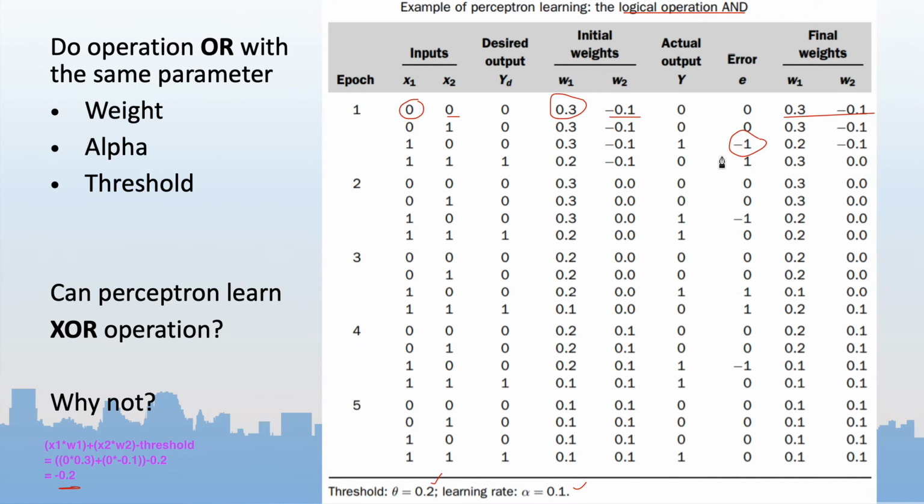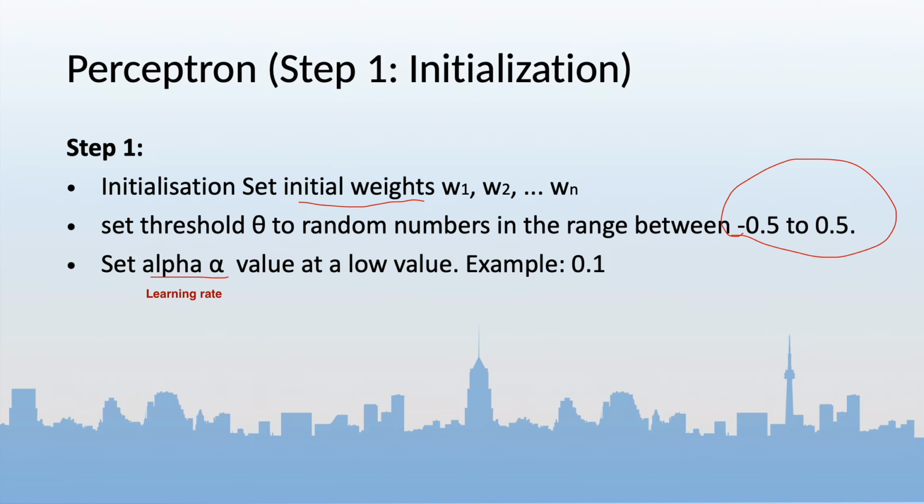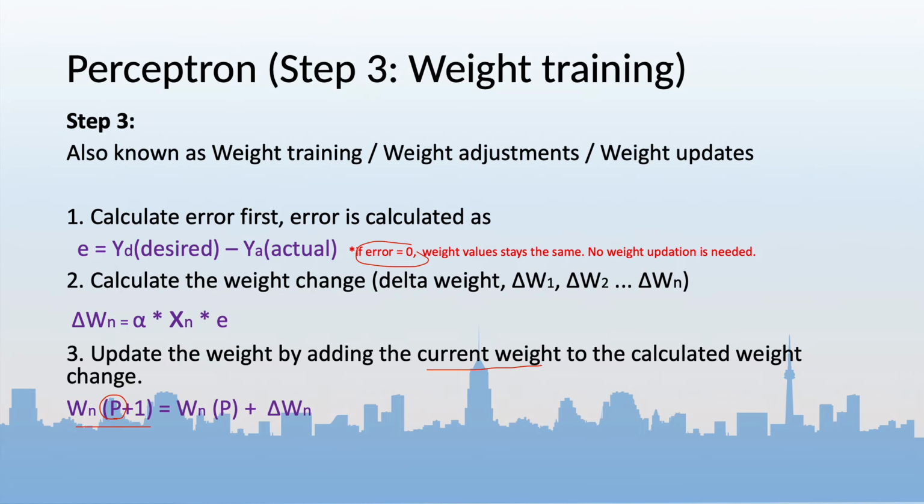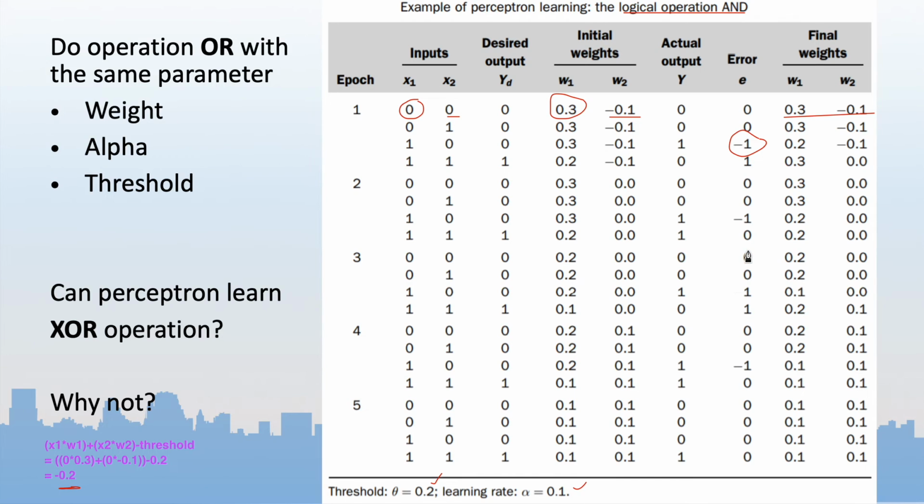Okay, if you look at this, we have an error. For this step, to calculate the weight change, we will use this formula: the weight change is alpha times input times error. So let's look at our example.